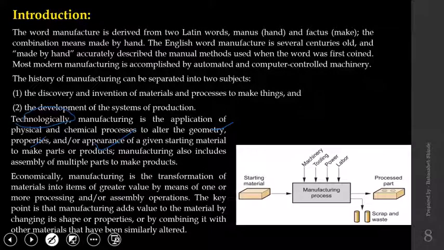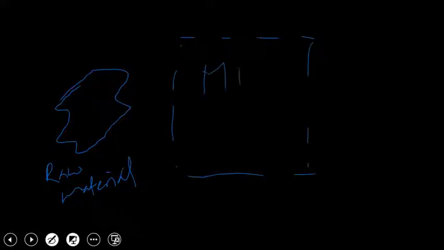If I want to look at the same thing economically, how it is going to change economically in the sense is, suppose I have got this raw material, and suppose this is a manufacturing system.